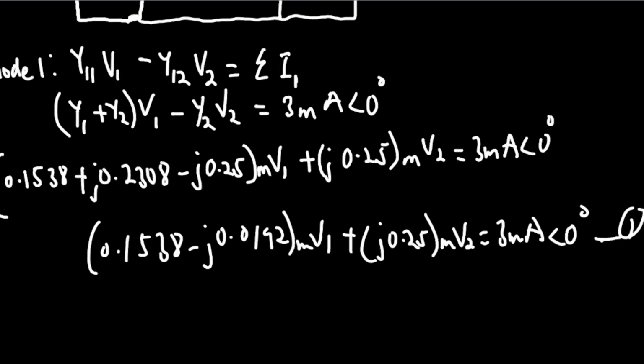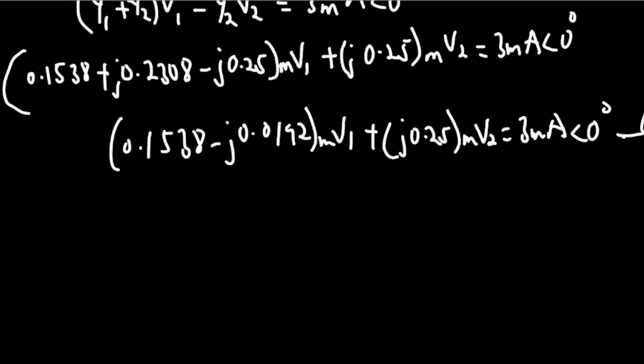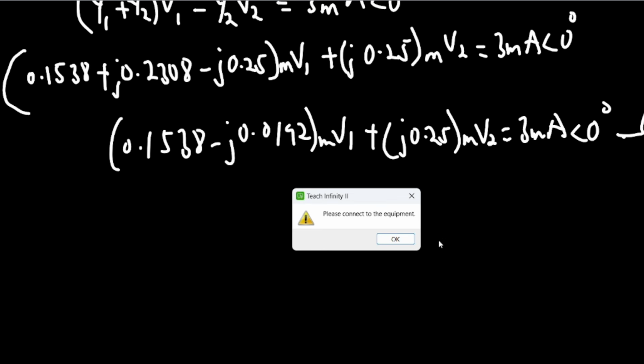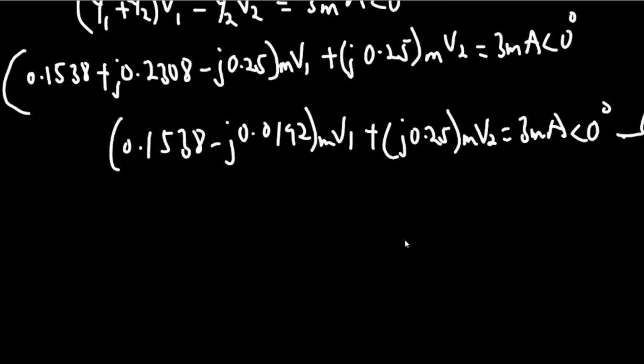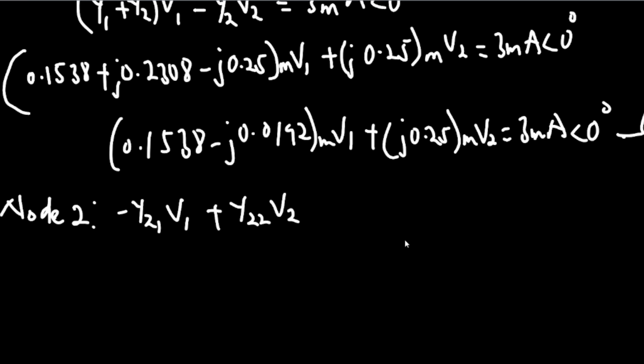Now our node 2, and two node equations are enough for finding two voltages. Okay, so node 2 is going to be negative Y21 V1 plus Y22 V2 is equal to the sum of all currents at node 2.